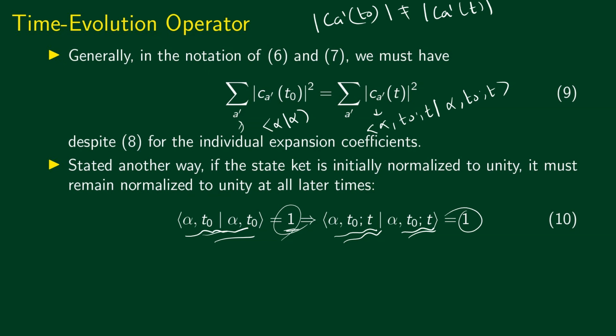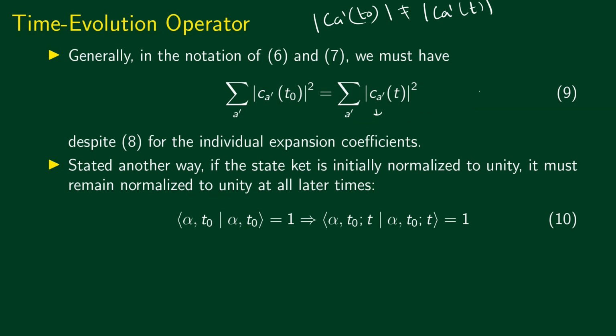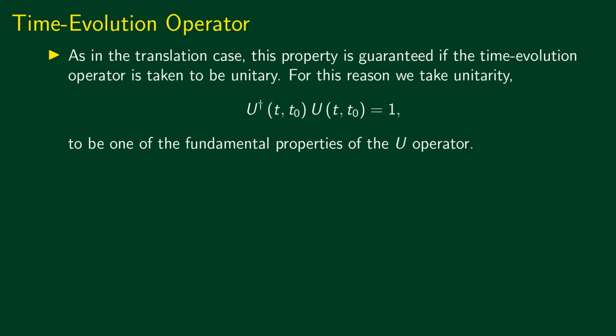So the probability postulate, along with the demand that the time evolution is deterministic, gives us the condition that the normalization is conserved even though the modulus of individual expansion coefficients can change. Now this property is guaranteed if the time evolution operator is taken to be unitary, because we said that this is how we represent time evolution.